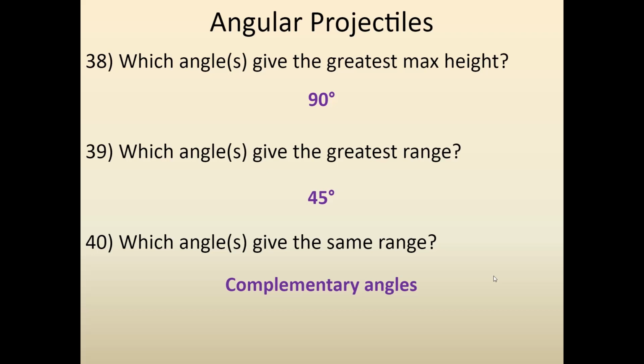They have different times in the air and different max height values, but they both land at the same spot. 90 and 0 land at the same spot because they both add up to 90. It also explains why 45 is the max range, because 45 is its own complementary angle, so it's by itself. Interesting thing to think of.